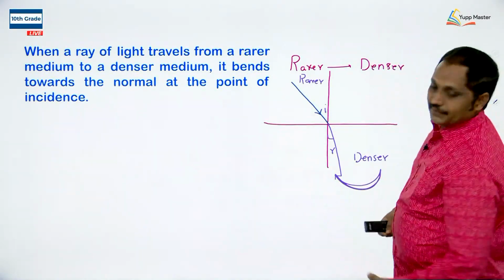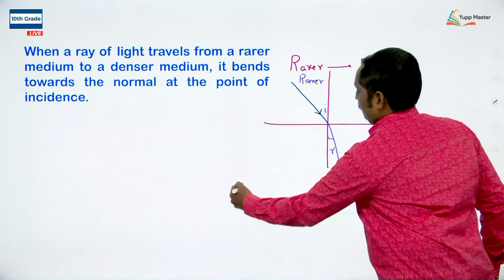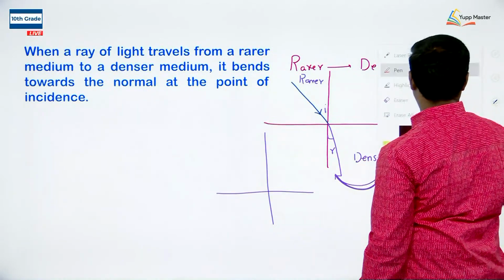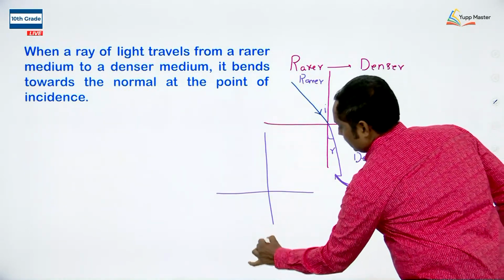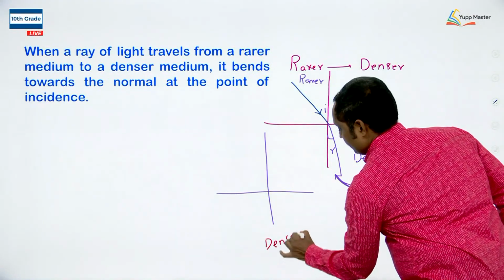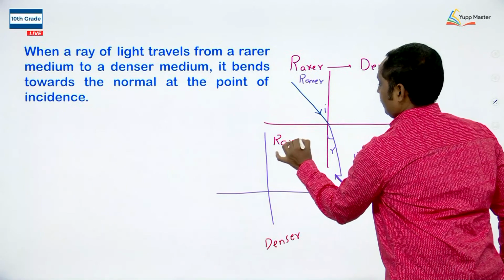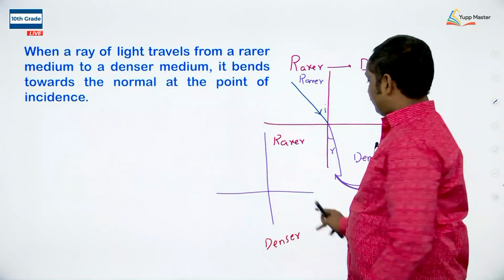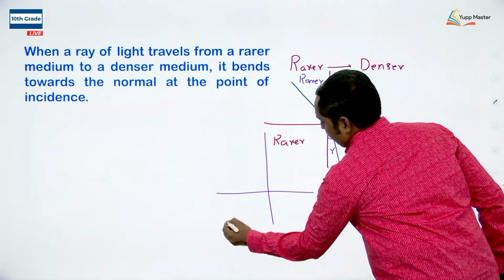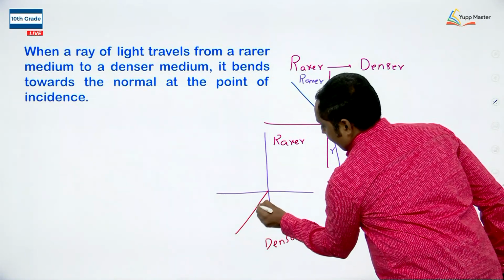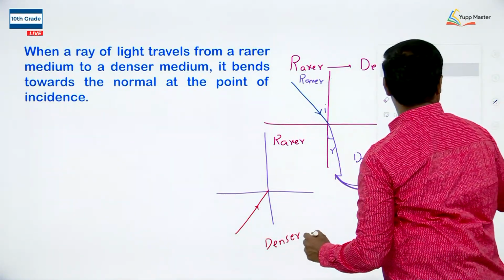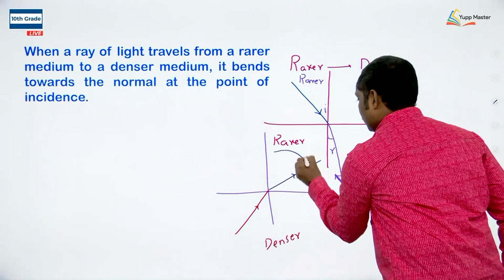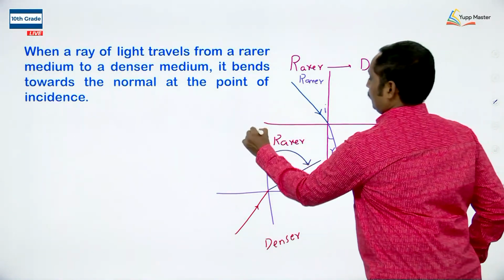Suppose you take this case: this is the denser medium, this is the rarer medium, denser to rarer. What happened? If you make the light rays incident, it is moving away from the normal; this is the normal.